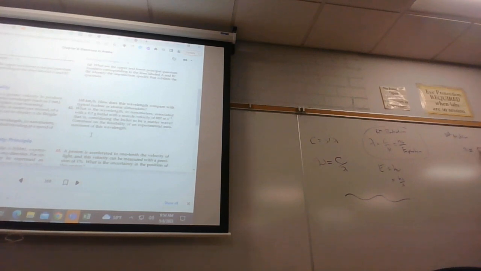So it's not equal to C over frequency, and it's not equal to hc over E of the photon. When we look at matter, we're going to have the de Broglie equation, which is lambda is equal to h over mv.